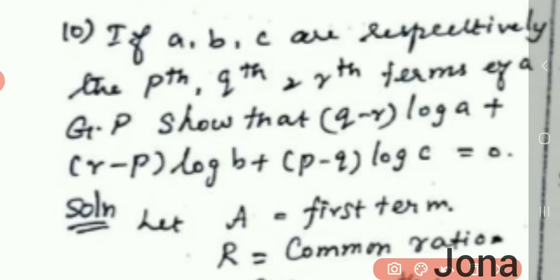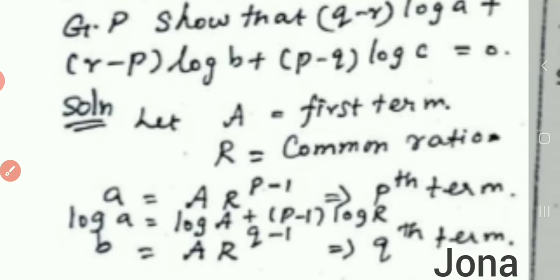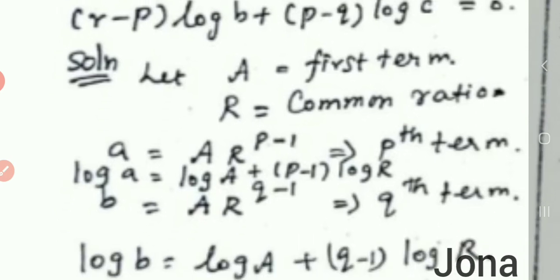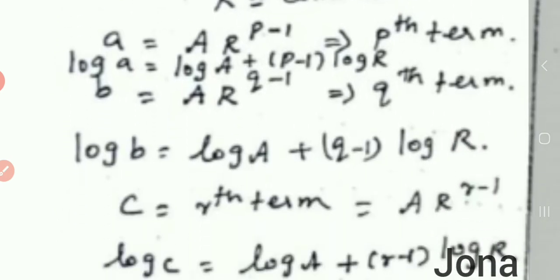So I want to take the first term as capital A, and r as the common ratio. Okay, so we can take the formula for the Tn, that is A r to the power p minus 1, that is nothing but the pth term.